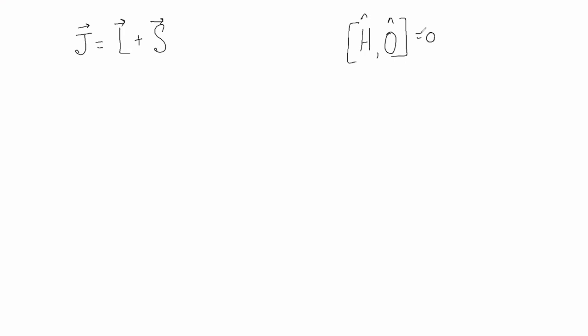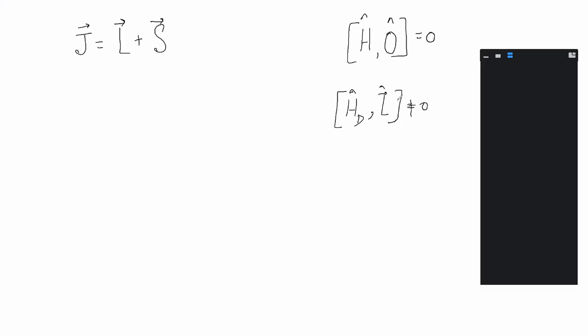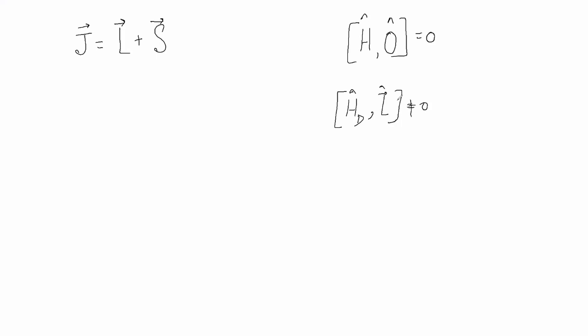Okay? But what happened when Dirac developed his relativistic theory for electrons, and it was found that the Dirac Hamiltonian does not commute with the angular momentum operator. The Dirac Hamiltonian for the relativistic spin half particles, this was the Hamiltonian for the electron, which is a relativistic particle with a spin half.